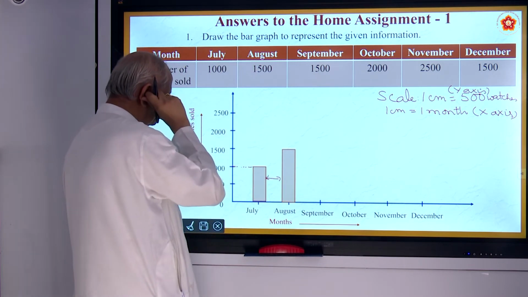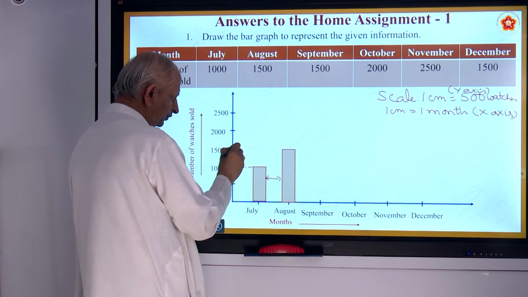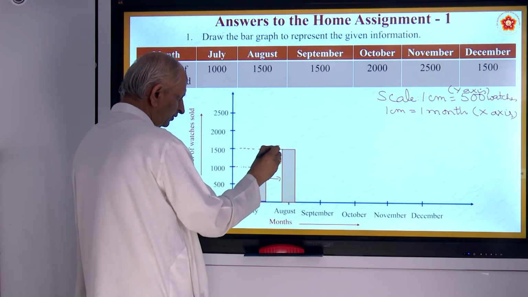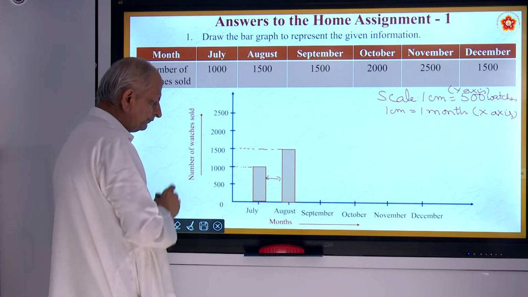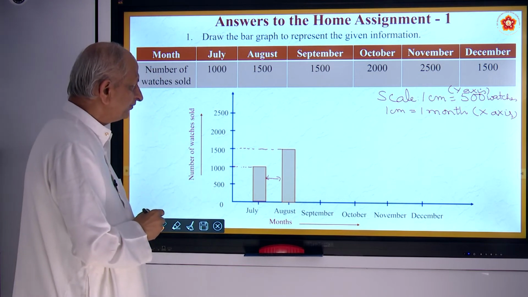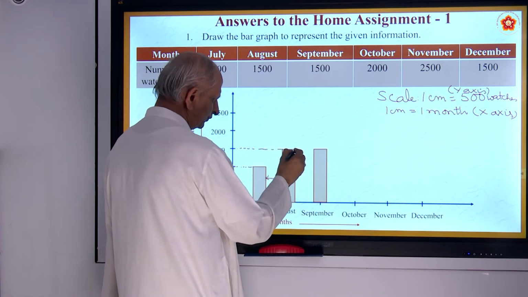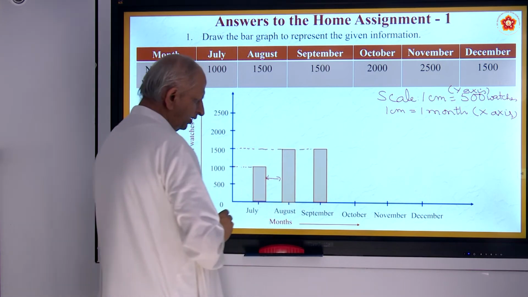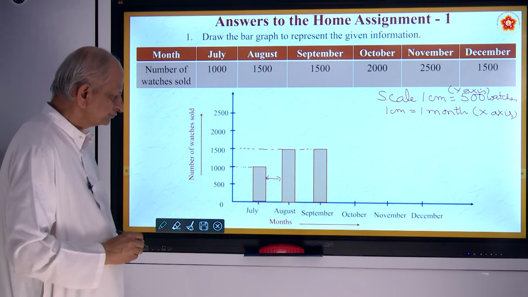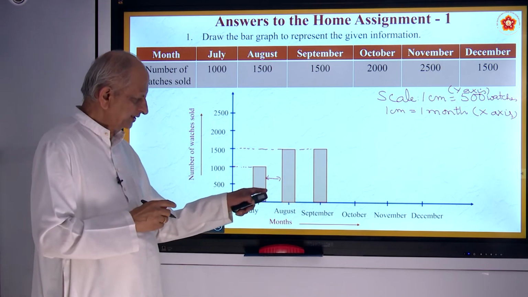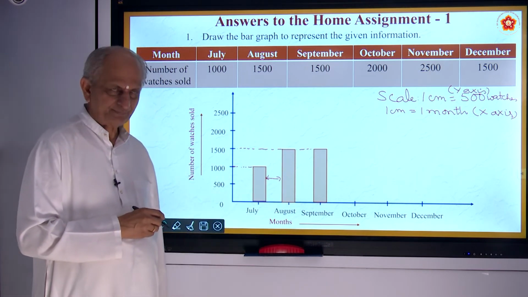And August is 1500. So in the length of August it is 1500. And in the month of September again 1500. Same. So you can draw with the dotted lines. So see that the distance is maintained properly.